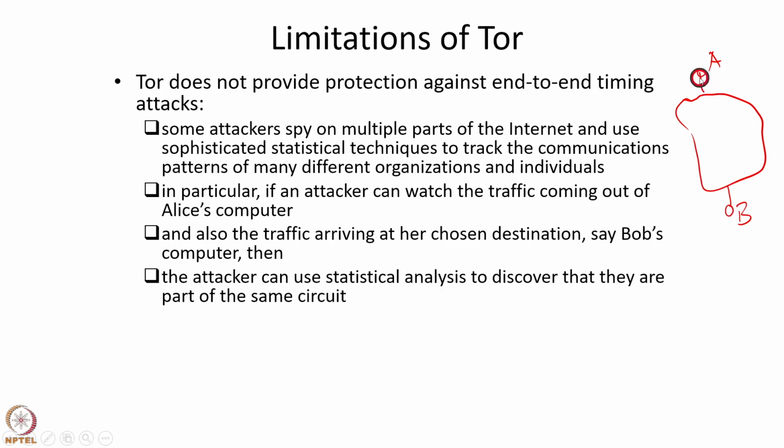So whatever packets are sent from Alice, after some delay, similar packets are sent from the internet to Bob. So by observing such correlations, an attacker can find out that these packets are part of the same connection. So that way an attacker can use such end-to-end timing attacks to find out who is communicating with whom.